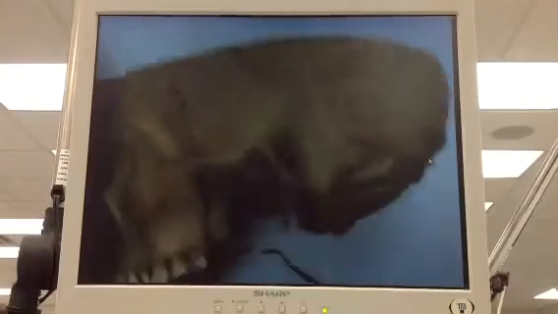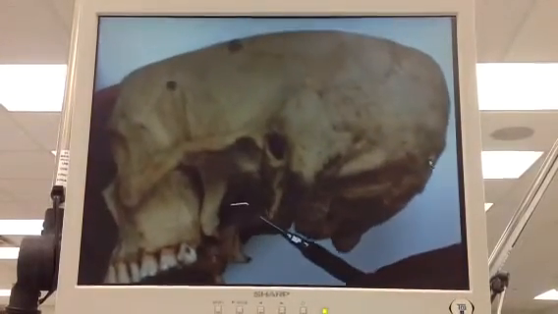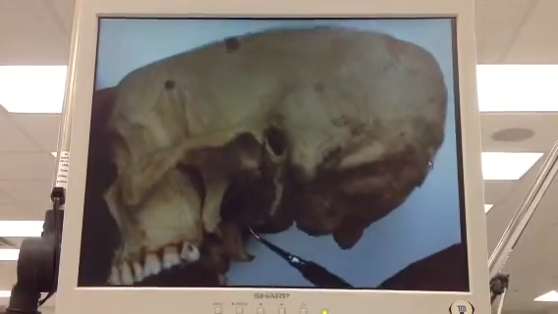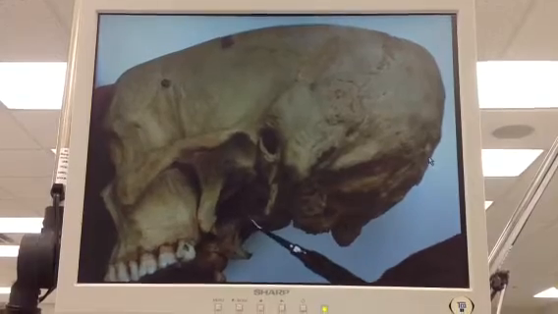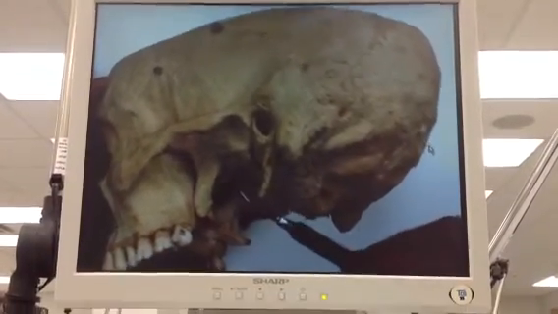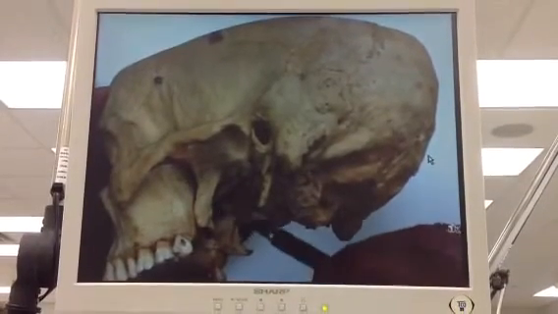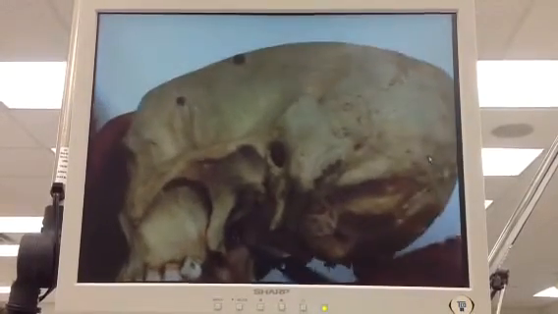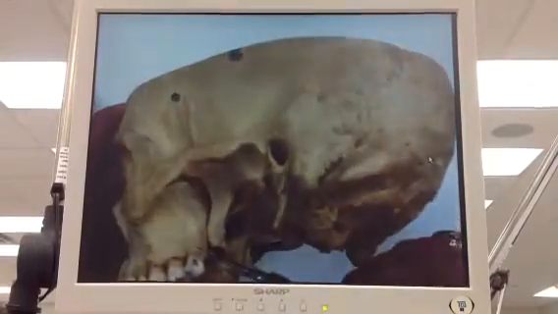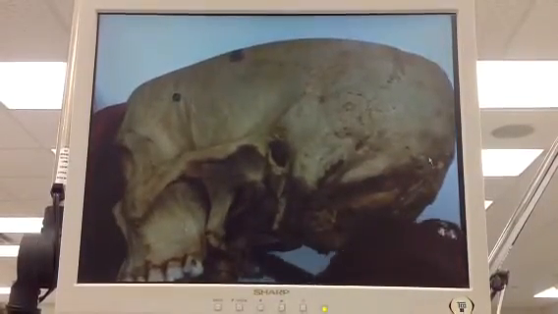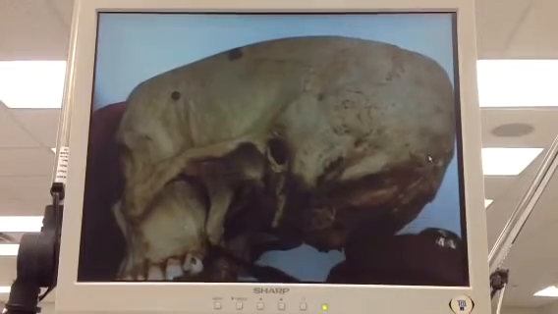Okay, so the last one for at least the muscles of mastication is medial pterygoid. And medial pterygoid has three different origin points. One is going to be the medial surface of the lateral pterygoid plate. It's also going to take some origin from this area right in here, which is the maxillary tuberosity.